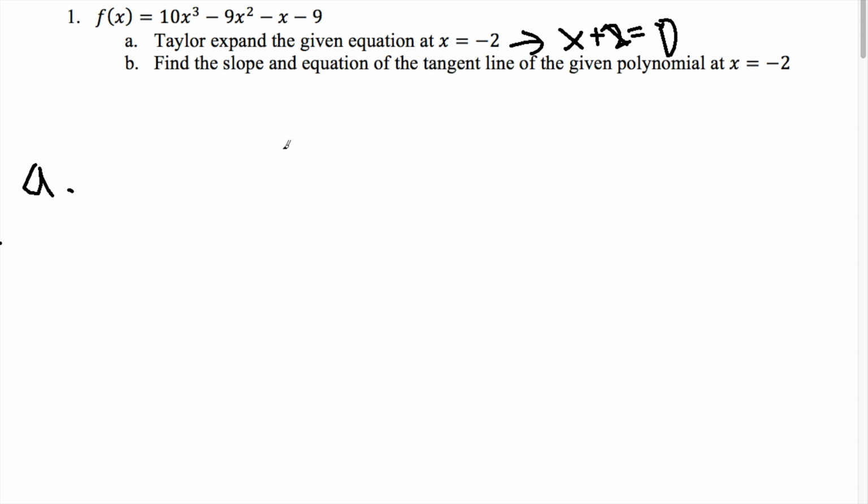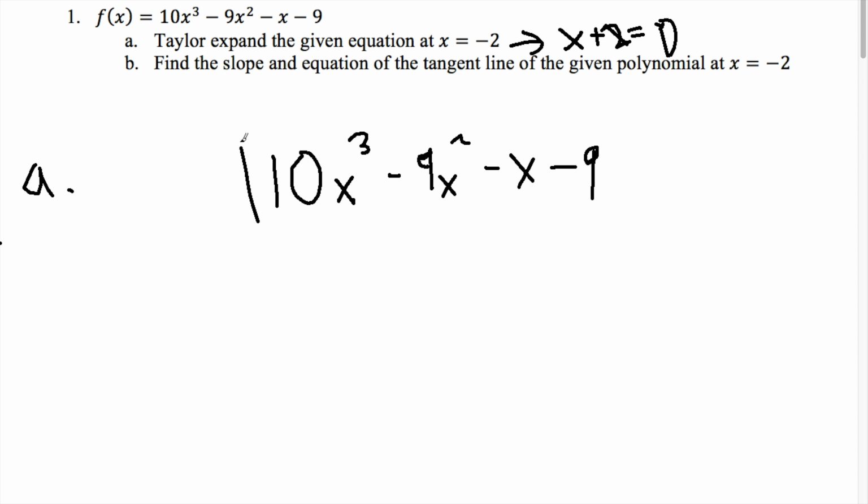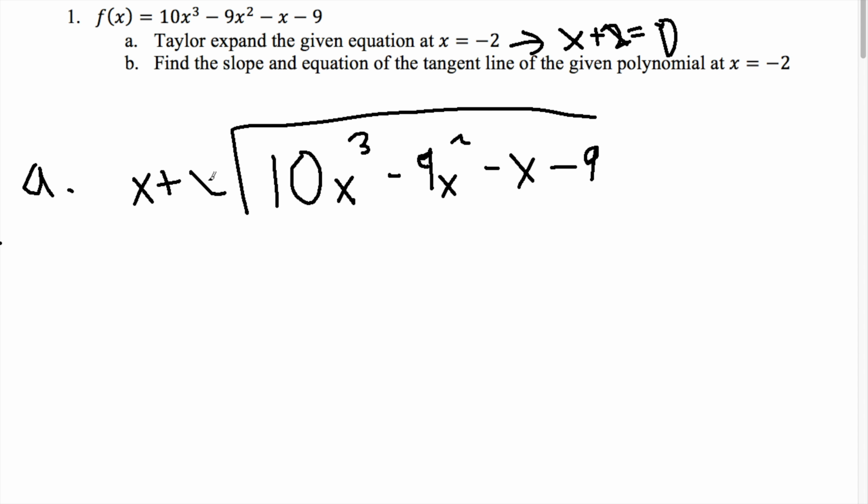So for part A, you set it up by doing 10x cubed minus 9x squared minus x minus 9, and you divide by x plus 2.